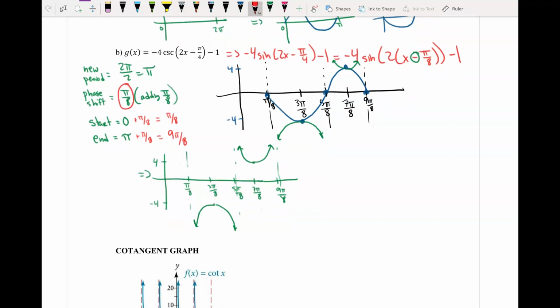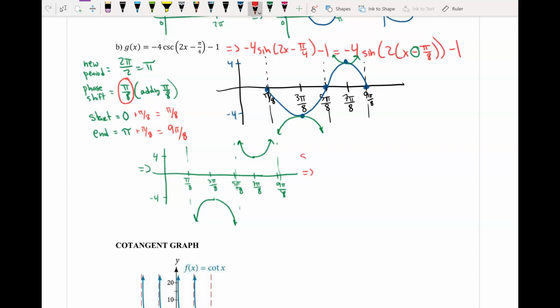And now finally, let's just go ahead and shift down 1 unit. So this is going to be 1, 2, 3, -1, -2, -3, -4, maybe -5. Pi over 8, 3 pi over 8, 5 pi over 8, 7 pi over 8, 9 pi over 8.